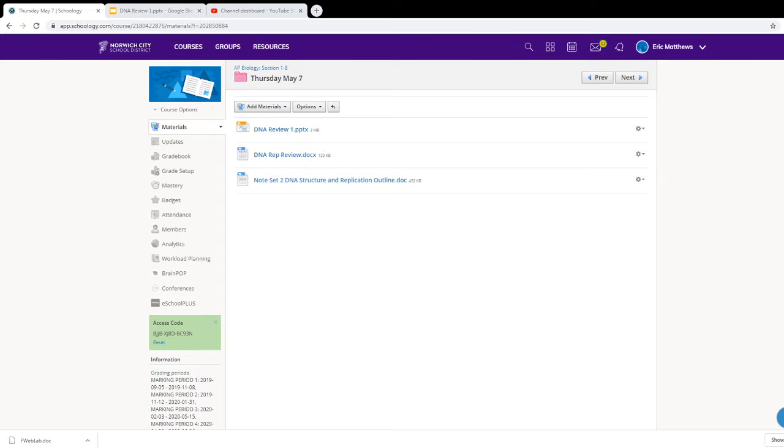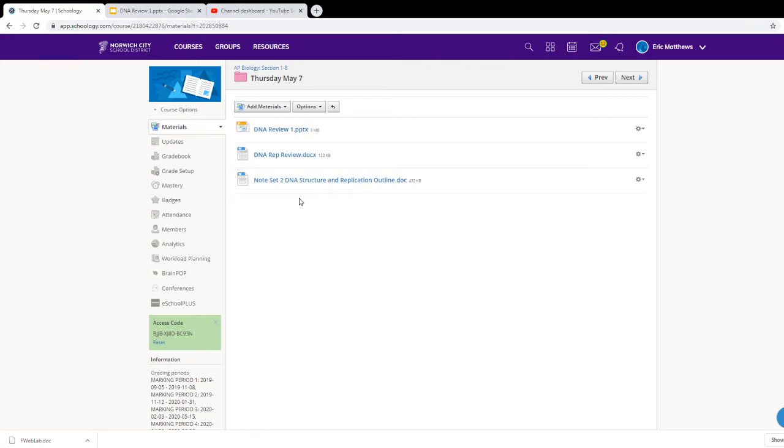So, if you take a look in your folder, we have the DNA review PowerPoint first. That's what I'll go over. The DNA replication review is literally a single image that you should be able to label some of the parts of. The note set that you see here at the bottom is totally separate, and that is notes from another AP teacher for what they give their students. They were sharing them in one of our Reddits, and they invited everybody to borrow and use whatever portions of it.